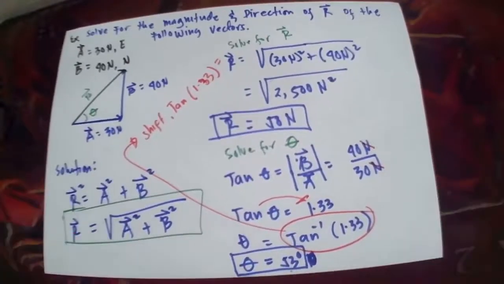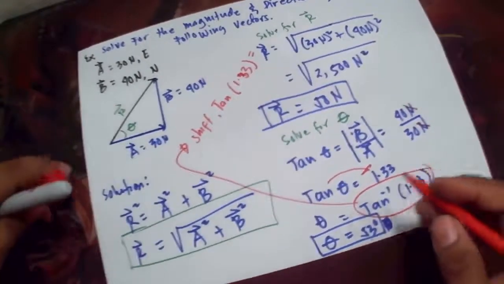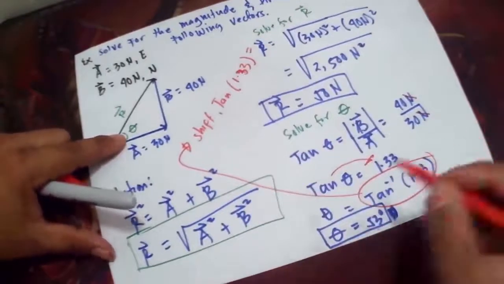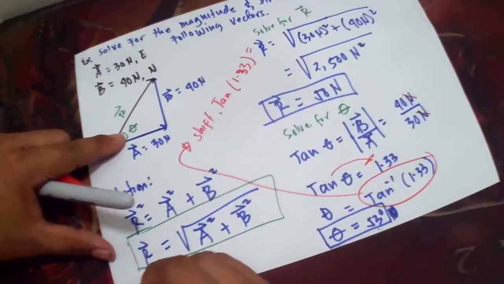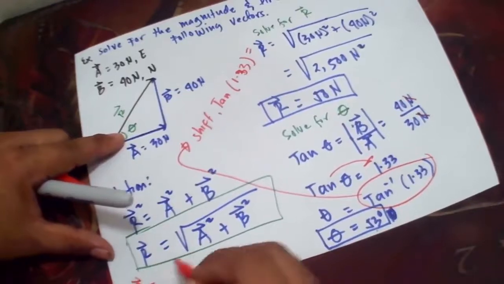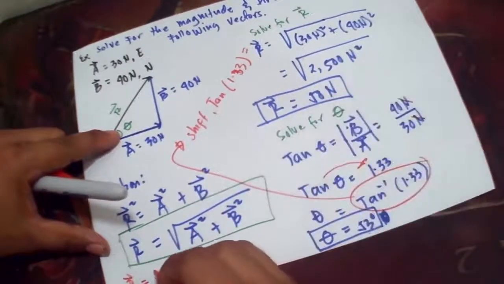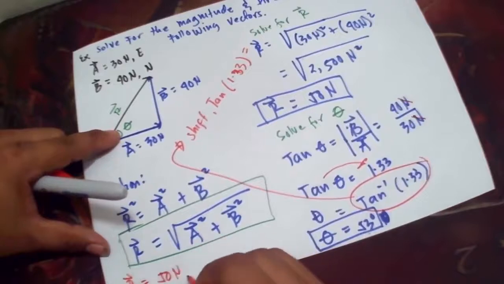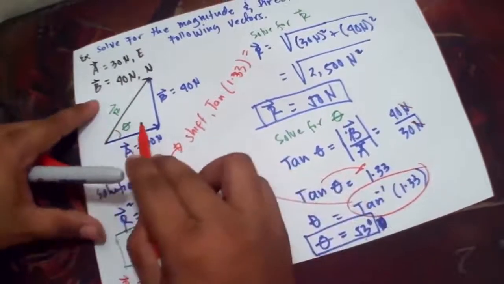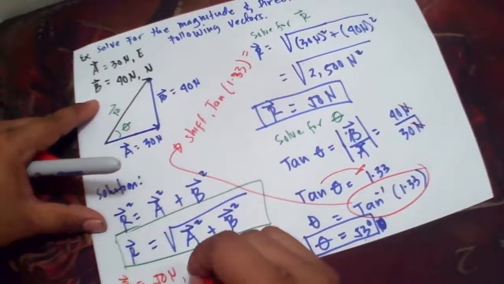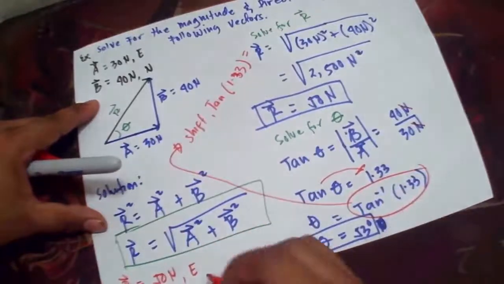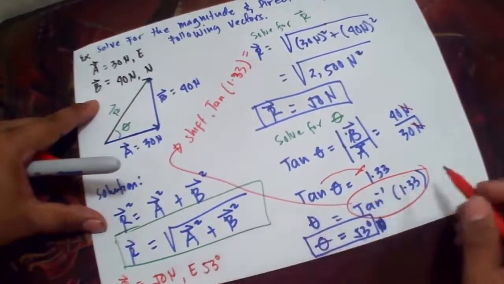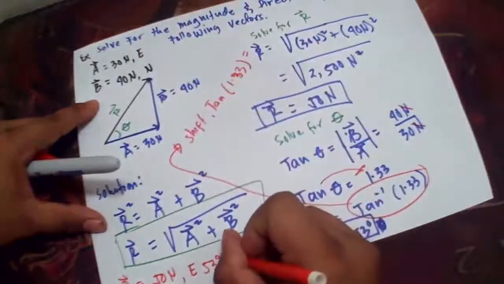Now, to express our final answer, I will just put here our final answer using our red ball pen. So our final answer is resultant vector is equals to 50 newtons. What's the first direction? East. What's the angle? 53 degrees. What's the last direction? North.